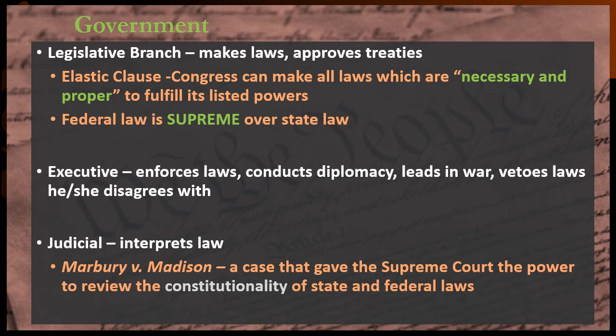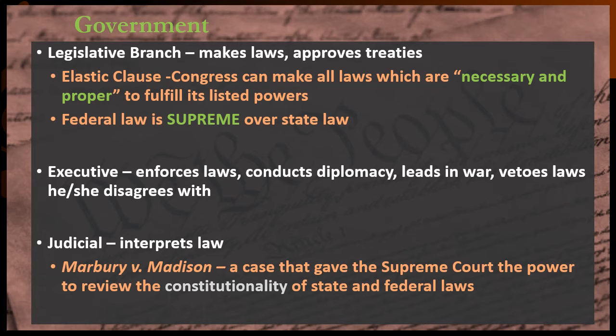So we've got three things going on here. We've got the three branches of government listed on this particular slide, and each of those branches of government is deciding what its powers are and what the meanings of those words in the Constitution are. And as it does so, it creates conflict. And that conflict gets resolved in our Supreme Court.